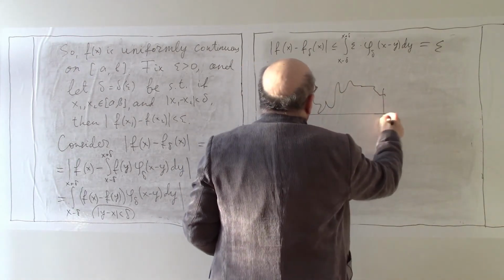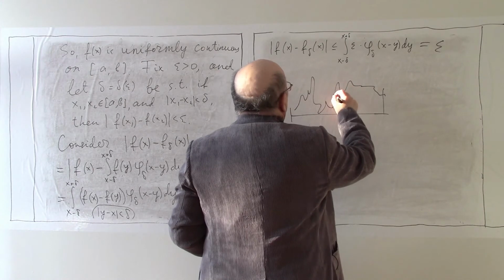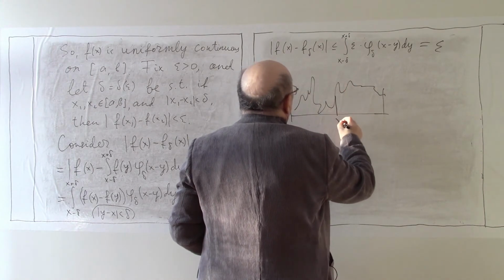So this is a graph of the function f. I take this point x.